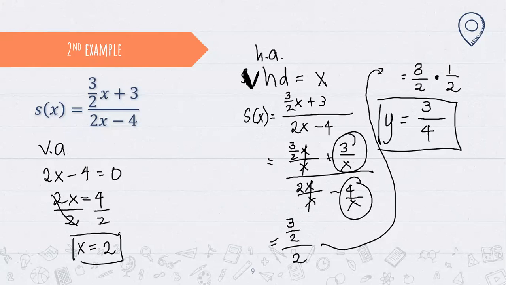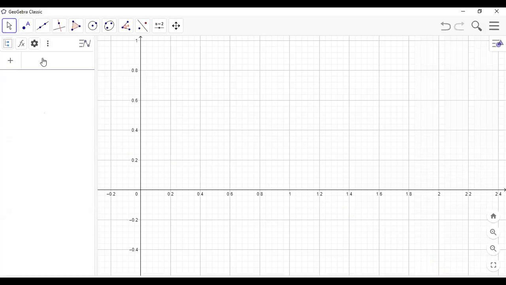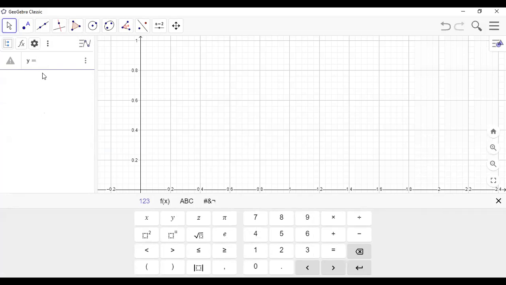Okay. Just to show you kung paano siya nangyayari, ano yung function natin? Y is equal to 3 over 2x plus 3, all over 2x minus 4.